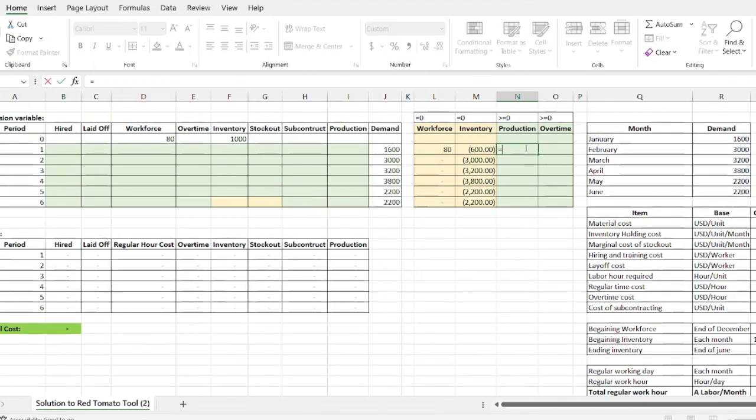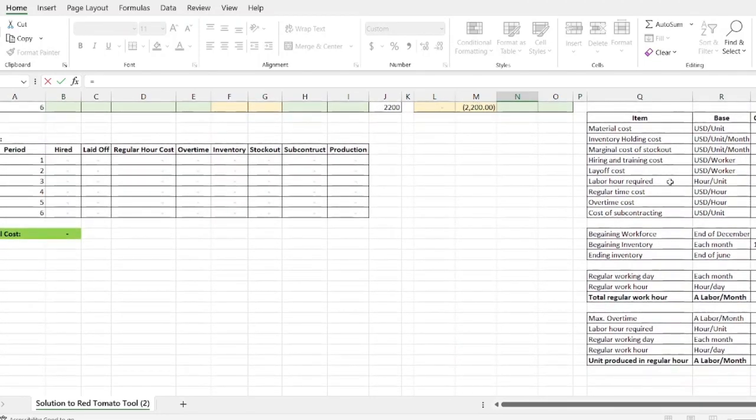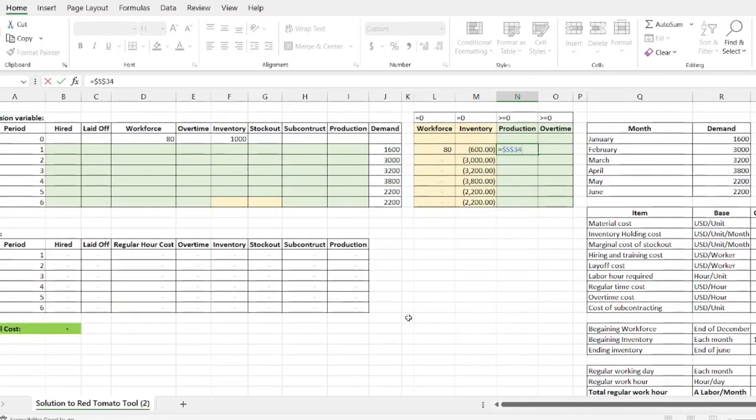Is equal to what is the number of products that one labor can manufacture? That is this 40, right? So let's lock it with F4. This will be multiplied by the number of my workforce.